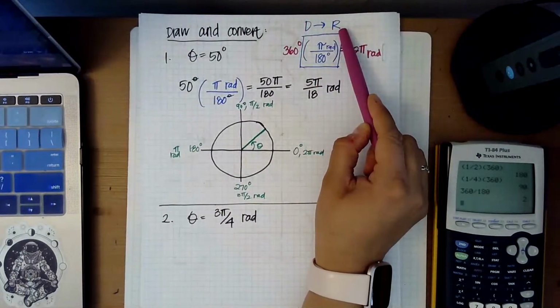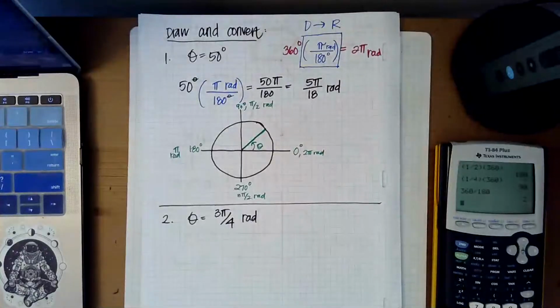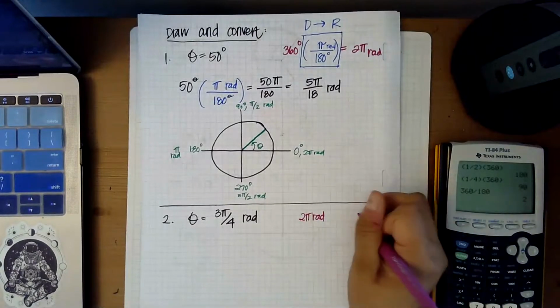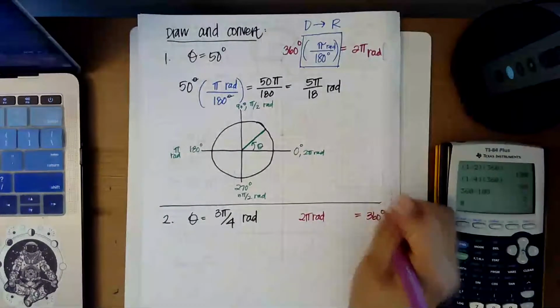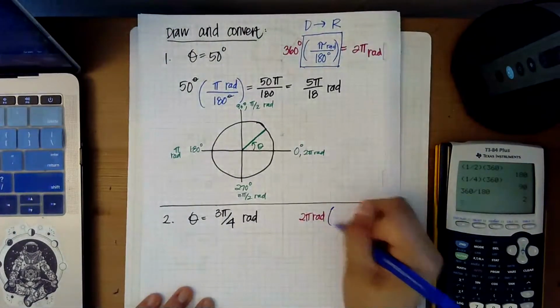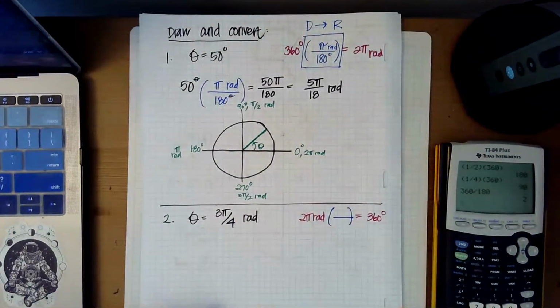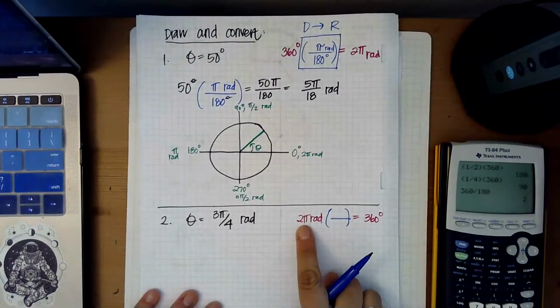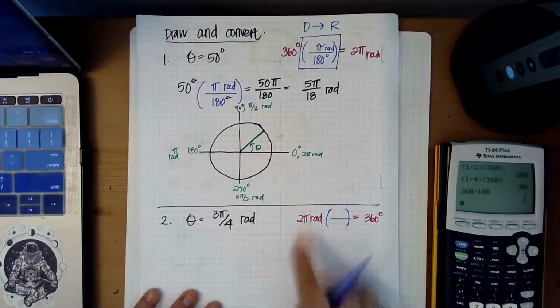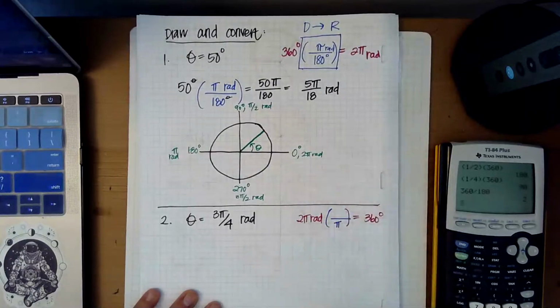Now I have to find a factor that's going to give me the opposite. So let's see. If I start with 2 pi rad, I have to find something that's going to give me 360 degrees at the end. So again, this something has to multiply. I recognize that I have a pi here and I don't have a pi here, which means that this pi must be divided out.